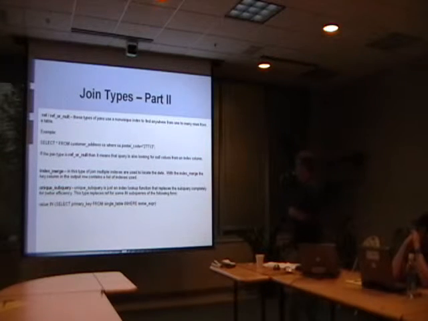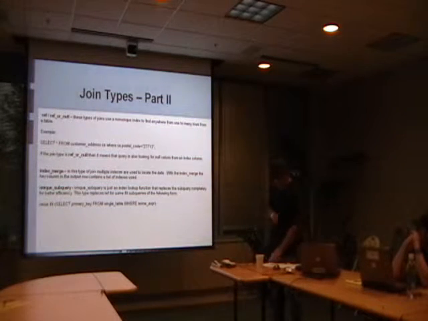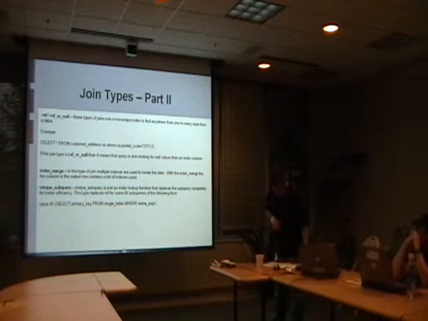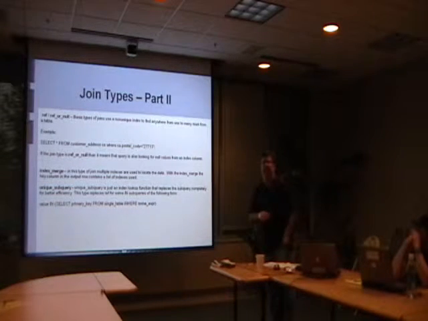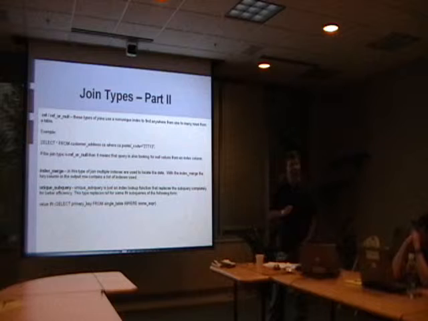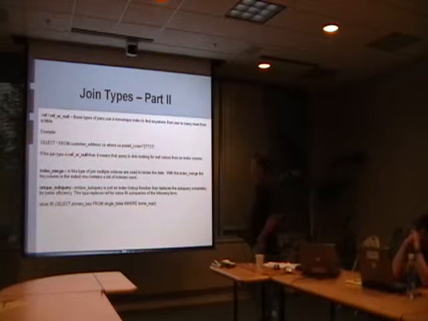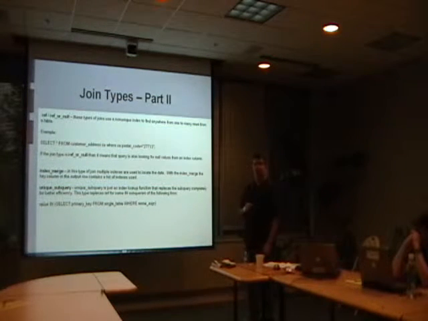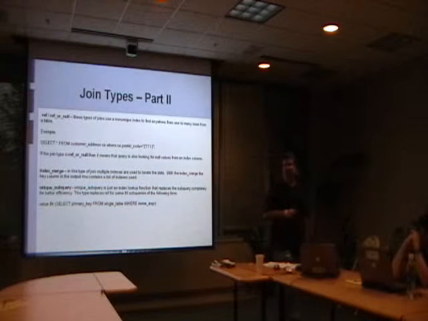An index merge. Now, I need to point this out. This is a MySQL 5 or later option. Okay? Now, I'm going to read this and then I'll explain why it is. In this type of join, multiple indexes are going to be used to locate your data.